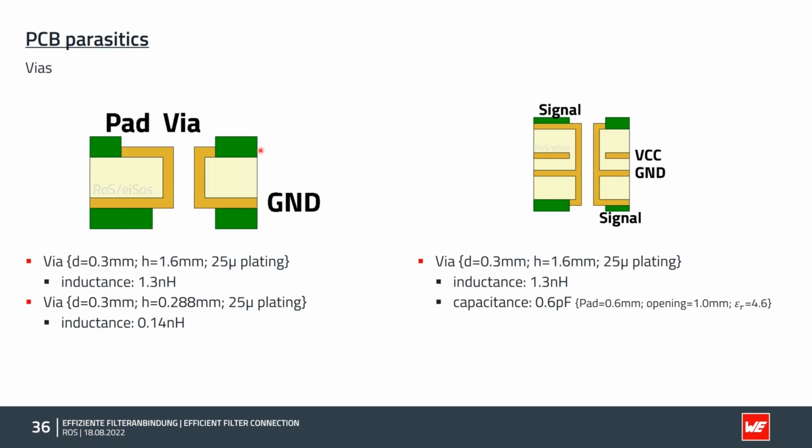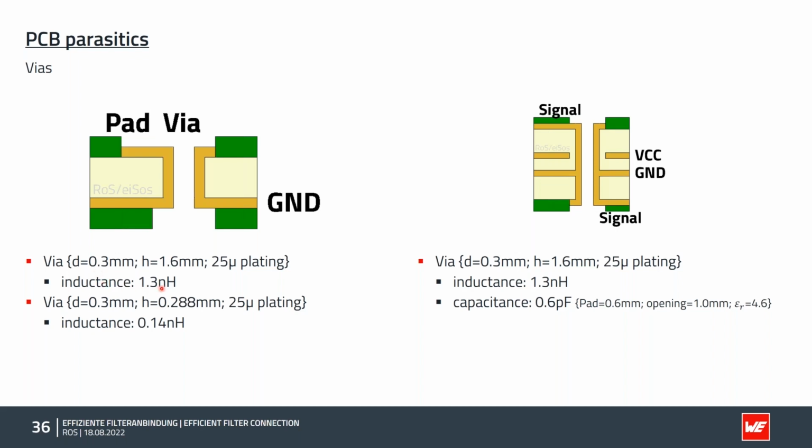The same you have with wires on a board. In a simple case, you put a via from top to the ground on the bottom side of a 1.6 millimeter PCB. And maybe you can connect the filter capacitor directly to ground with such a construction. Here I give you an example of a 0.3 millimeter diameter wire with 25 micron plating.